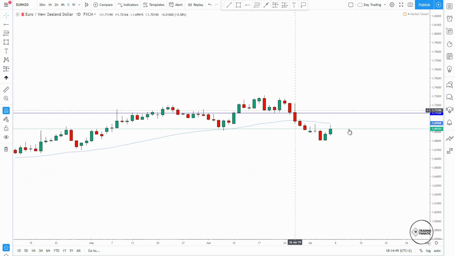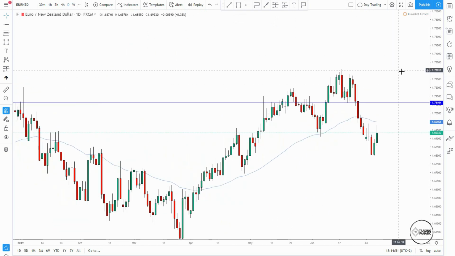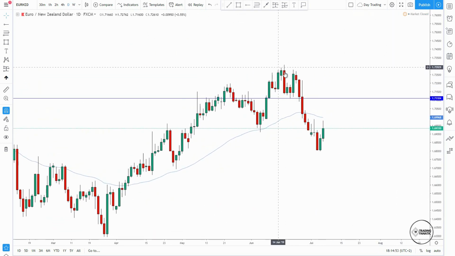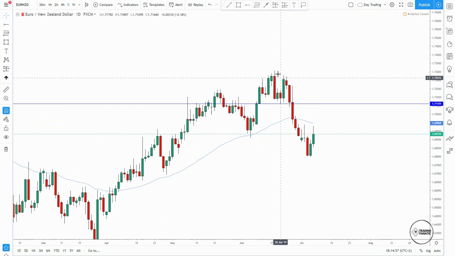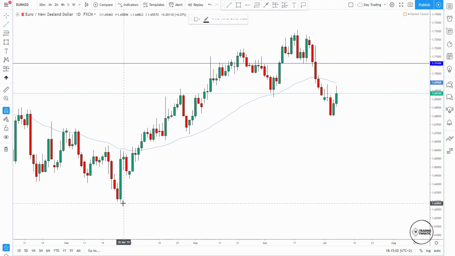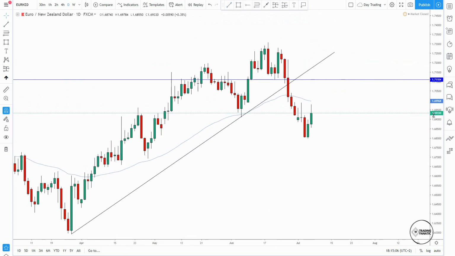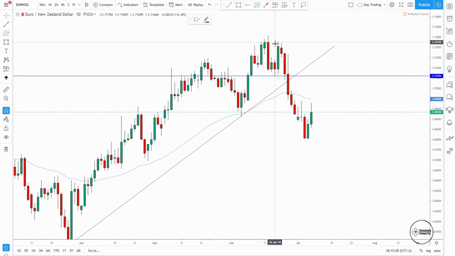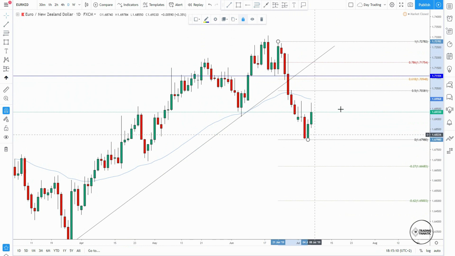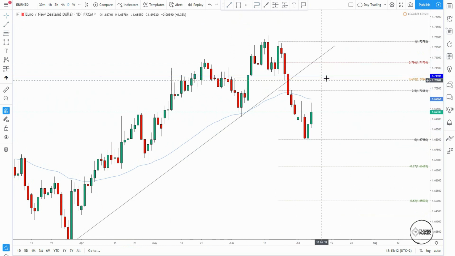So switching down to the daily time frame. Just look at how price found support here but failed to make a new higher high. So we immediately switched to short bias. We had a violation of this ascending trend line, violation of the EMA, and now I think we're just in need of a Fibonacci sequence. 61.8, almost at this resistance area I just drew.